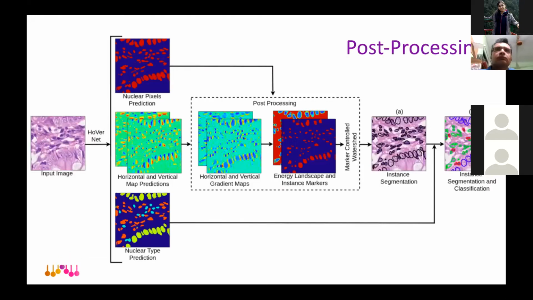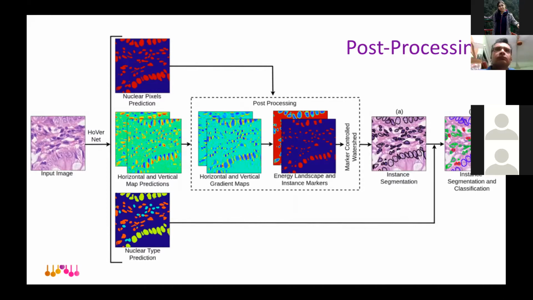So we had 3 outputs. First output was the nuclear pixel prediction, then the second output was the horizontal and vertical map predictions, and the third output was the nuclear type prediction. So we applied the Sobel operator on the horizontal and vertical map predictions to obtain the horizontal and vertical gradient maps.